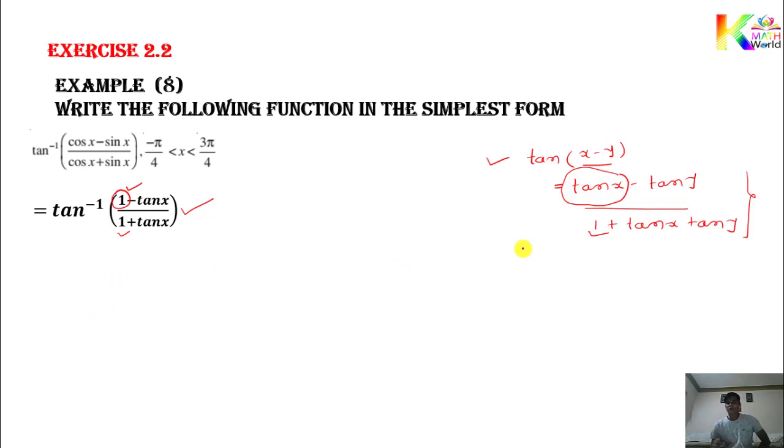Same way, if you notice your denominator, then tan into tan. Here you have 1 minus tan x over 1 plus tan x. You can see this kind of format is here. We need to set the format like this.